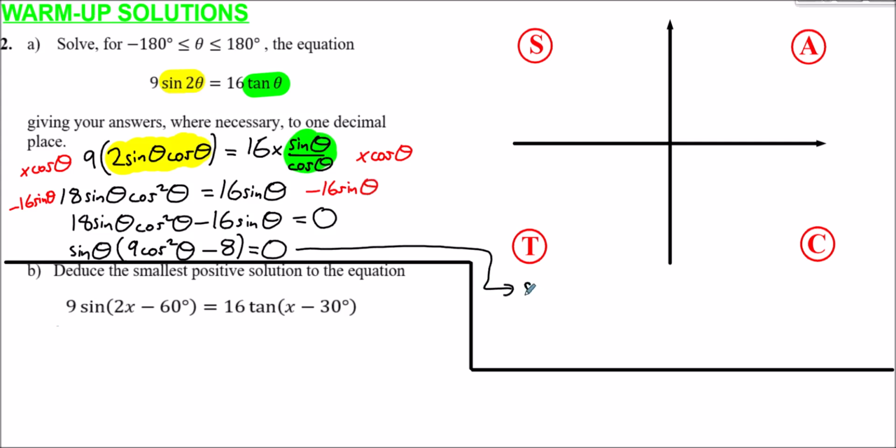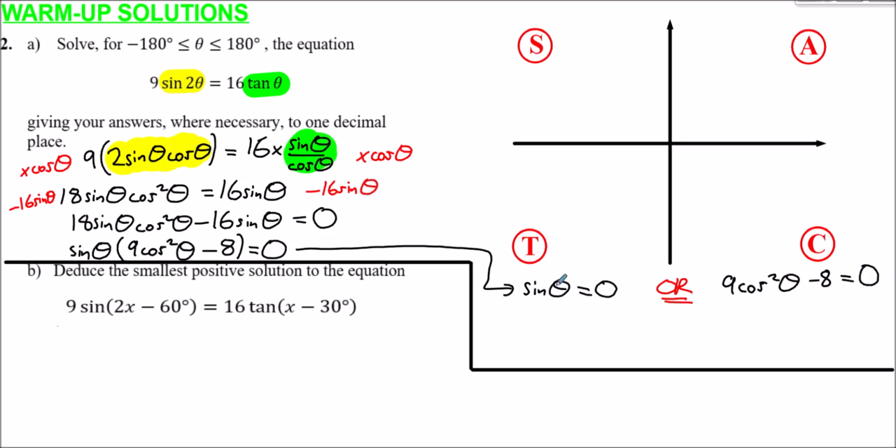So sine theta could equal 0, or it could be the case that 9 cos squared theta minus 8 equals 0. This one's easier to solve.